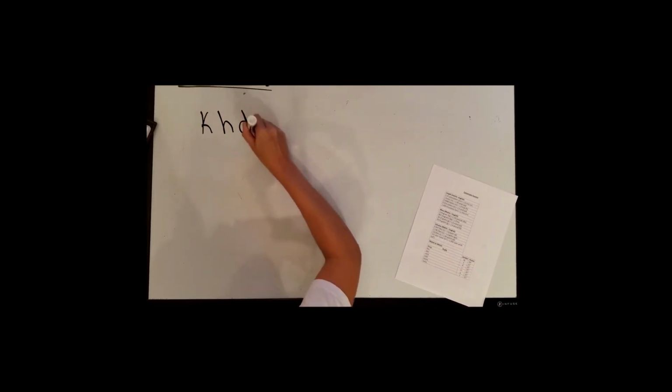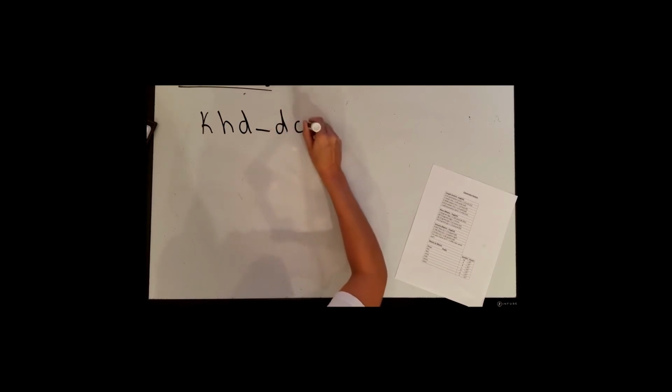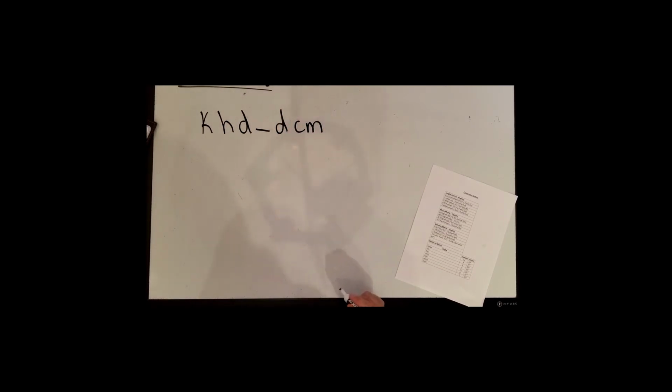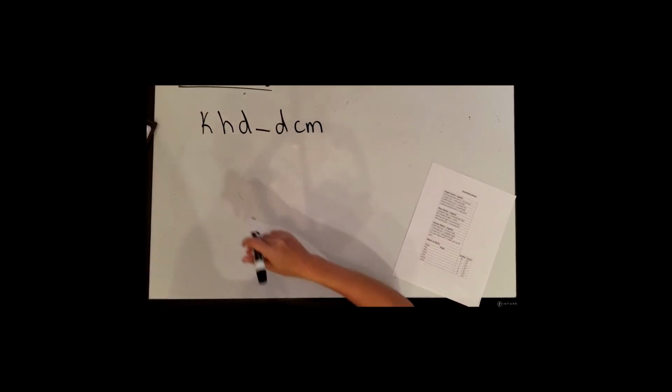So when we're calculating metric to metric, we're going to be using this scale that I talked about in the PowerPoints, this KHD space DCM. And what that is, it's the prefixes for the metric system that we're going to be looking at in this class. So we're only covering a small spectrum of the metric to metric prefixes.